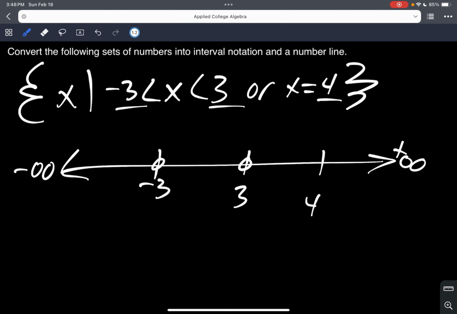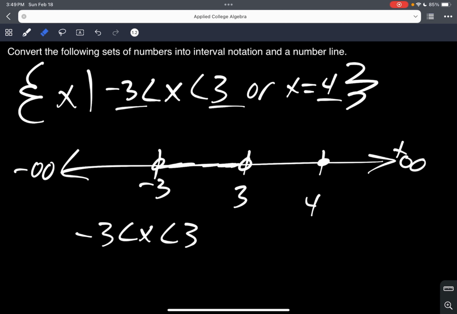And then for the equation x is equal to 4, it has an equal to part, so we use a shaded endpoint. Now we have to shade in our regions. So we have negative 3 is less than x, but x is less than 3. So it's in between negative 3 and 3. So we have to shade in that region. And that's all the regions we're going to shade.